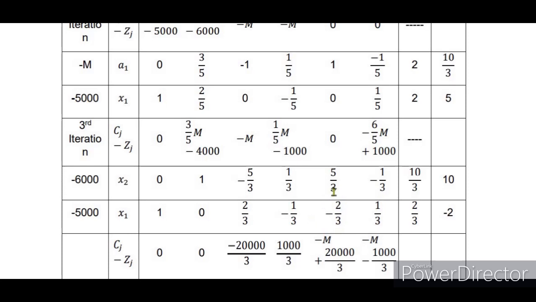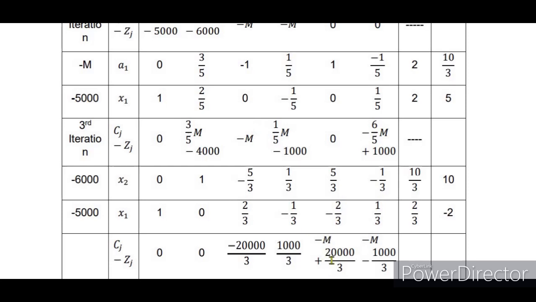So negative 10,000 plus 10,000 over 3 is equal to negative 20,000 over 3. So we will subtract it from the numerical coefficient of a sub 1, which is negative m. So negative m minus negative 20,000 over 3 is equal to negative m plus 20,000 over 3. That's why it is written here.